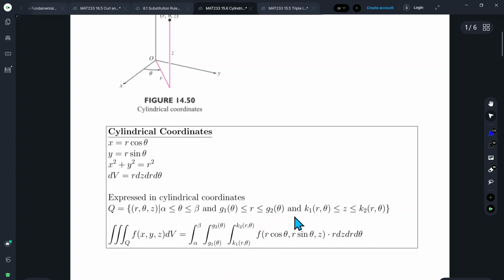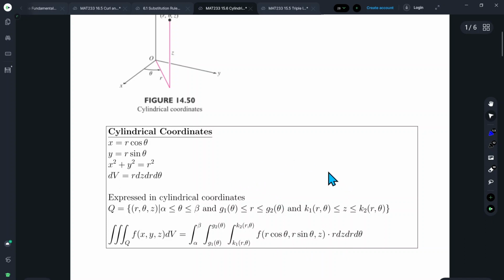And when it comes time to set up the integral, you make the substitution. So x is equal to r cosine theta, y equals r sine theta, and then the z coordinate is just the z coordinate. And again, for the dV, you have to include this extra factor. You have to multiply by this extra r here before integrating.